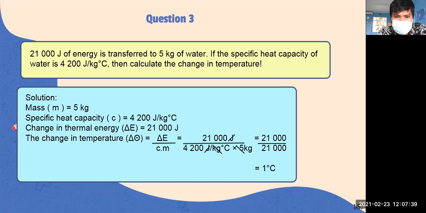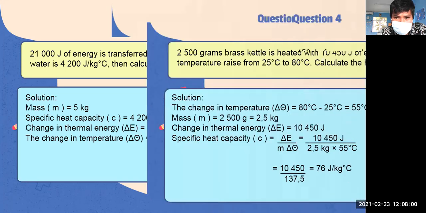So it becomes 21,000 joules divided by 4,200 joules per kilogram degree Celsius times 5 kilograms. So the final result is 21,000 divided by 21,000, so it will become 1 degree Celsius. So the answer is 1 degree Celsius. Next question.